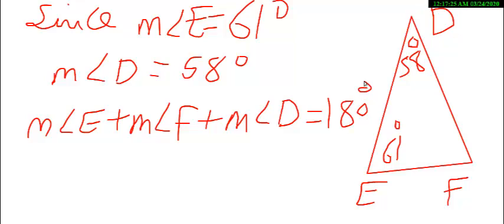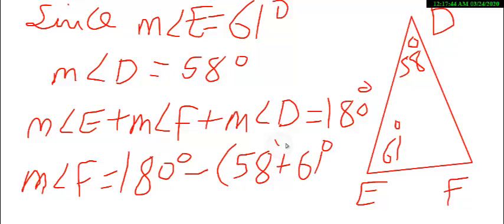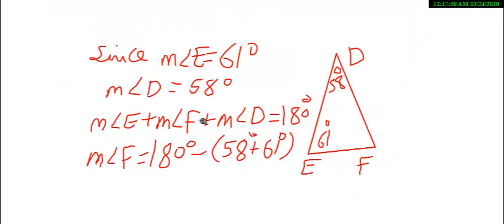We plug in and find the missing one, which is angle F. So measure of angle F will equal 180 minus 58 plus 61 degrees, and this will give me the value of angle F.